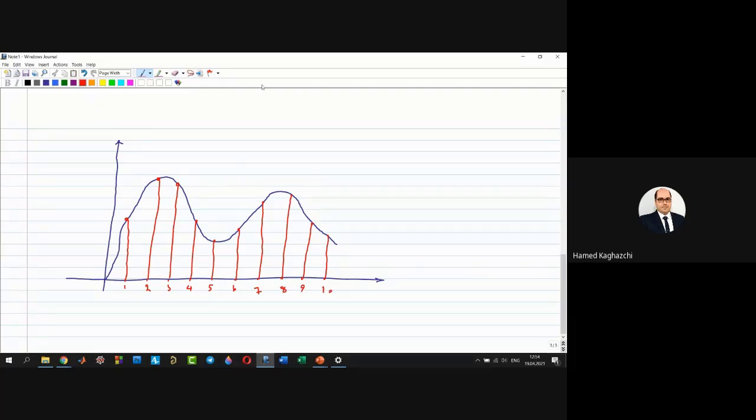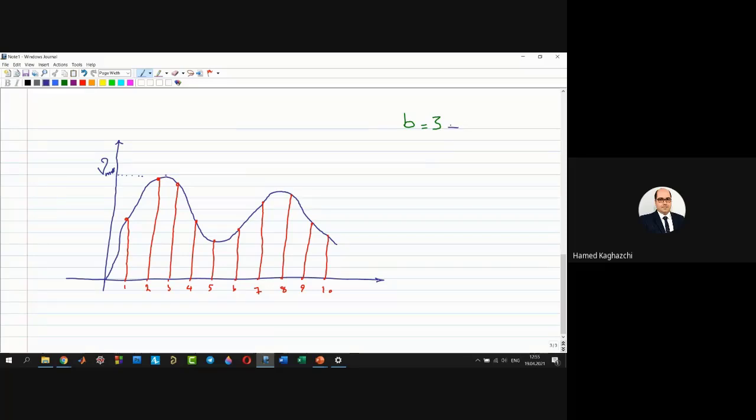Now I define the bit number. For example, I said that I want to use 3 bits for sampling my signal, and my voltage is Vmax. This is the maximum value of my voltage.